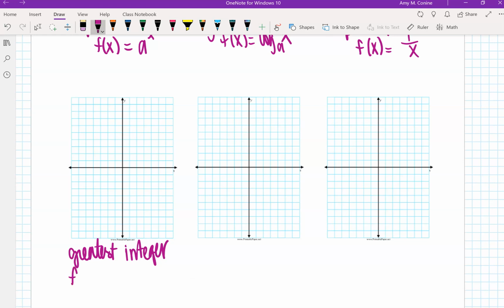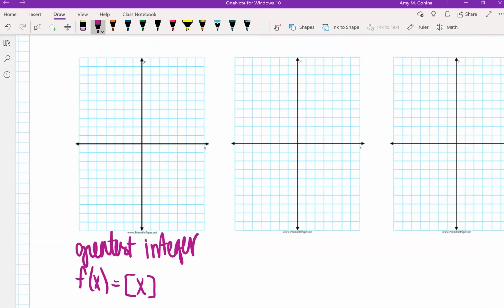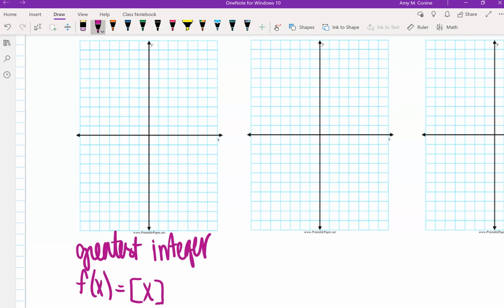So it's when your f of x is equal to these brackets of x. And what happens is it's the greatest integer, so you end up getting a piecewise function. Okay, so you're going to put a solid dot on 0 and then an open dot on 1. And you're going to keep doing this pattern.